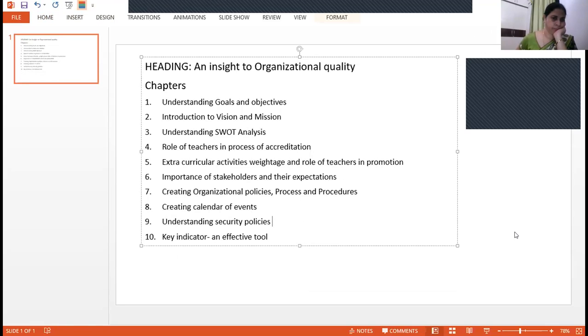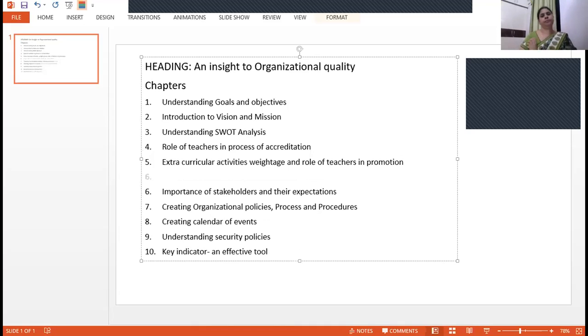Role of alumni. Alumni as an asset to the organization.